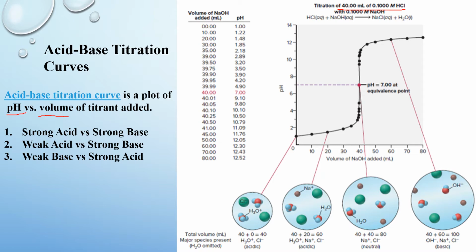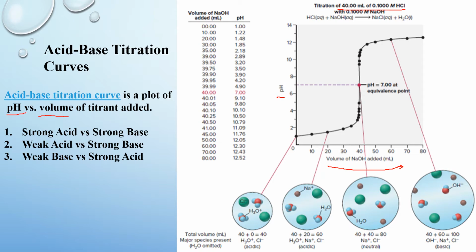So the base is the titrant. On the y-axis of the plot, you have pH, and on the x-axis, you have the volume of the base added. Because we're adding base, and the base increases the pH of the mixture, as you can see, when the volume of the base added increases, the pH also increases.